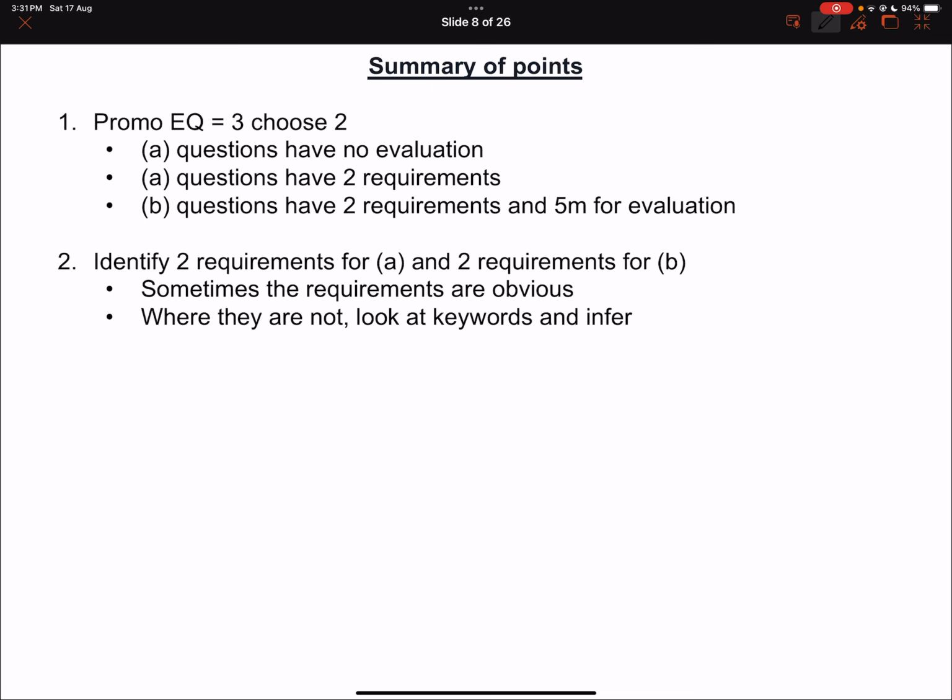Okay. So second thing I want to talk about in this is that your job is to try and identify two requirements for A and two requirements for B. Okay. Sometimes the requirements are very obvious, like the XED and PED question, but sometimes they are not, right? And in that case, you have to look at keywords. You hope that there are keywords there to highlight to you what kind of concepts you need, right?